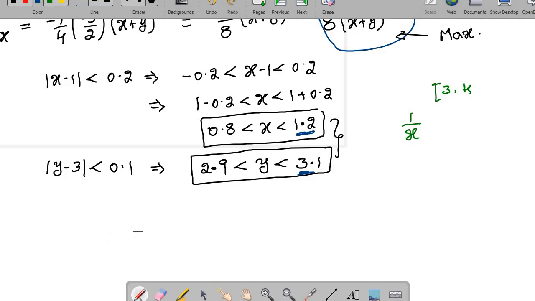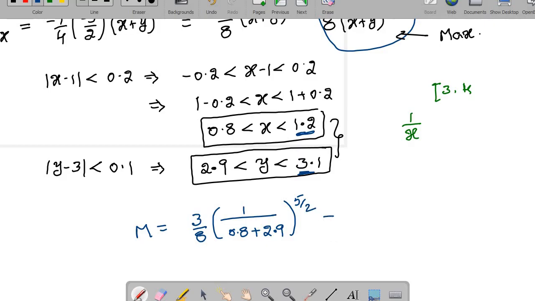So let's write what M is here. M would be 3 by 8 times 1 over, first let me substitute x: 0.8 plus 2.9, whole to the power of 5 by 2.